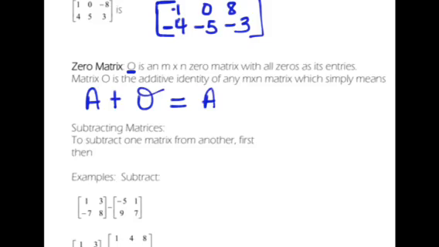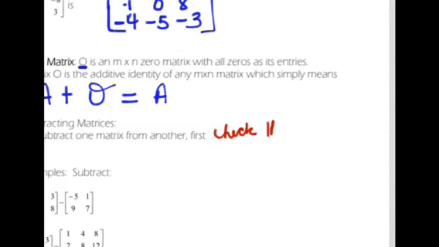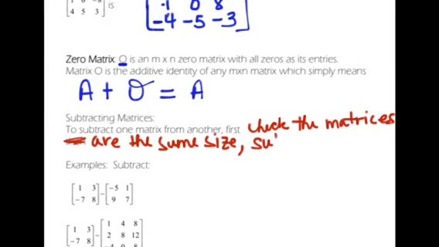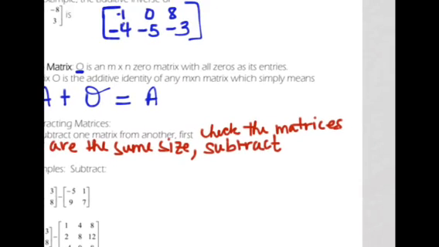To subtract one matrix from another, first, again, any idea what you have to check first? You should first check that the matrices are the same size. Then, just like adding, you subtract corresponding entries.